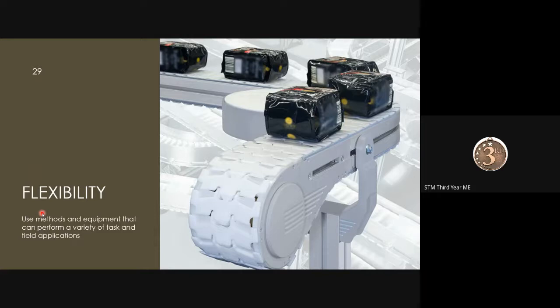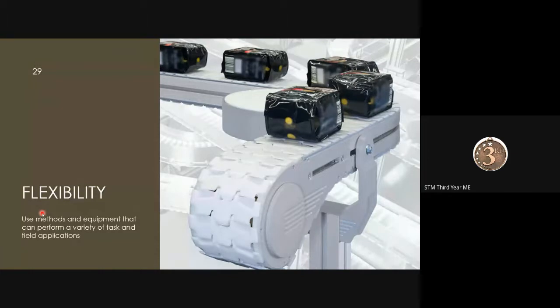So if you have an equipment that can adjust to the operations carried out on the modified product or the new product, then obviously you don't have to replace the machine, right? You can use that same machine for that particular purpose.